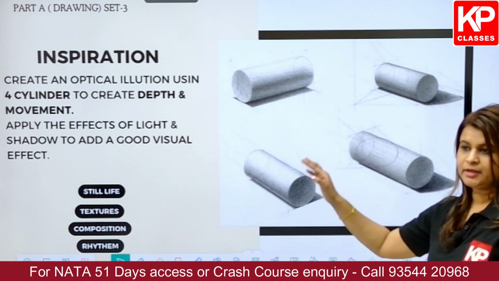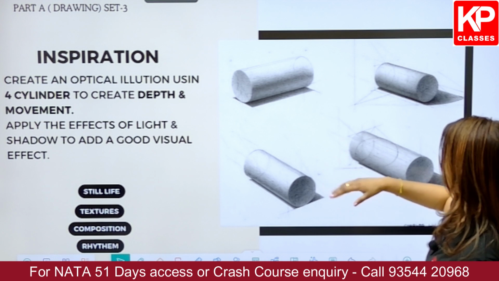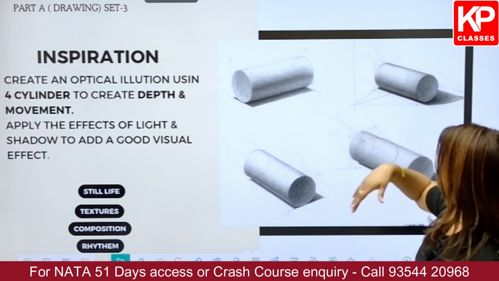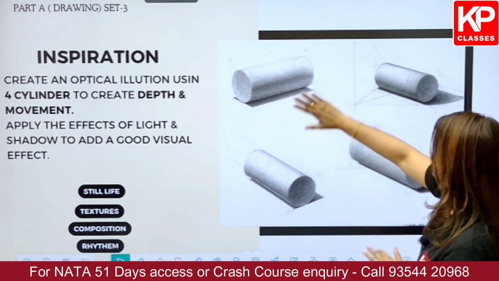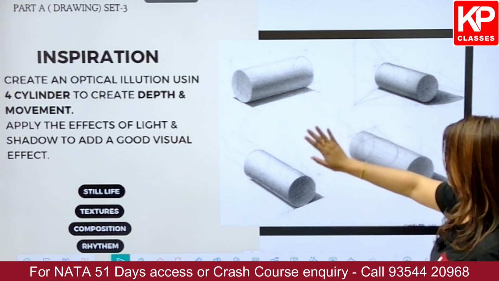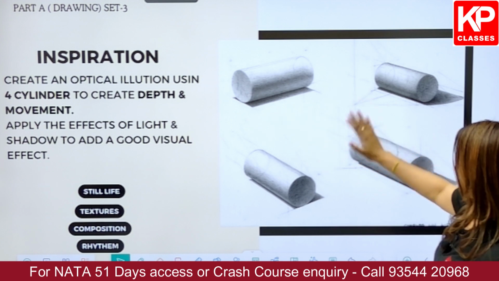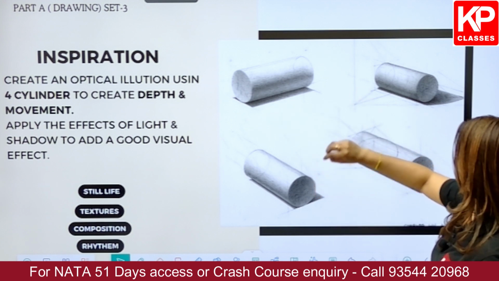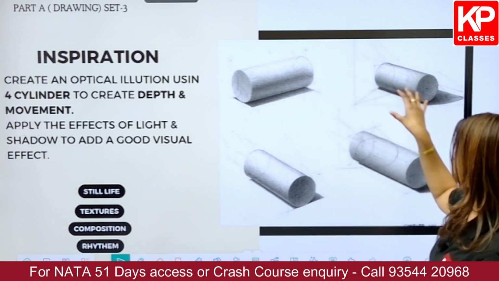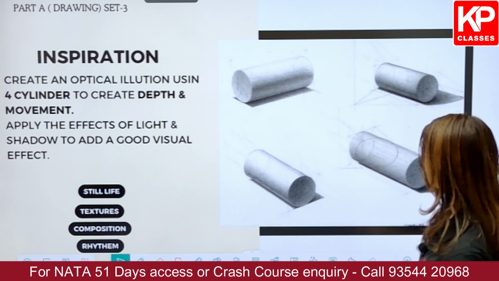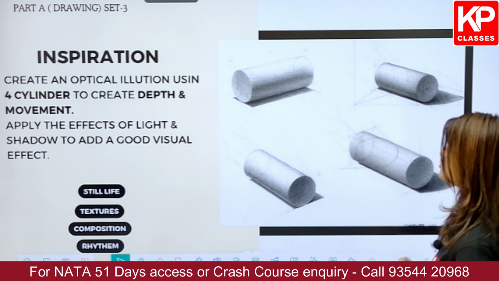So here simply you can see there are 4 cylinders which have been put at a certain distance, which gives an illusion of space. Now this could be any space. This could be a room. This could be in the middle of any park where these particular cylinders have been put, and you can see the light source also.